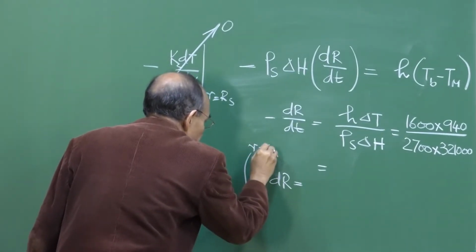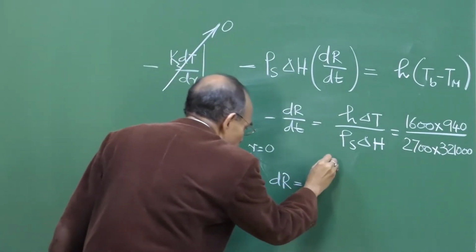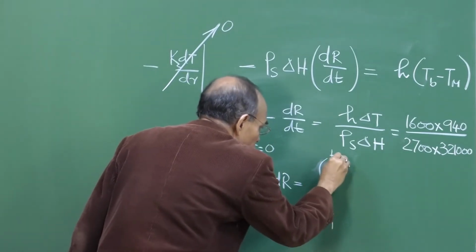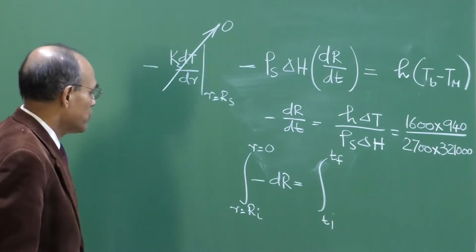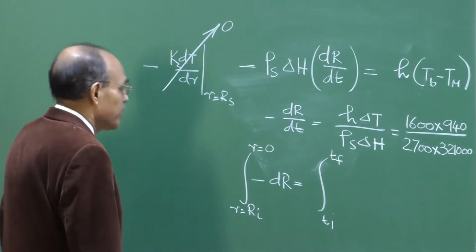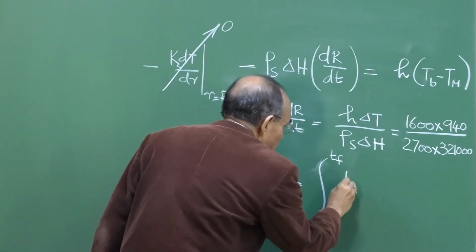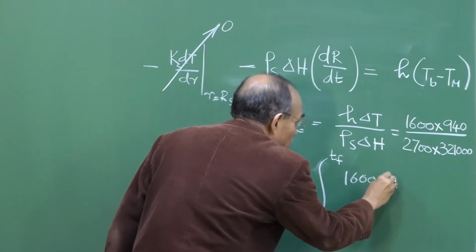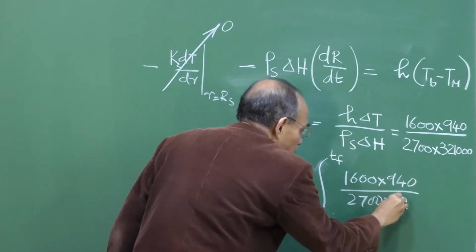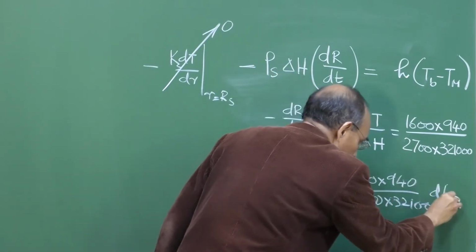R is equal to final R is 0, complete melting time, that is what we want, and this is T initial and T final. So, where this is initial, so final minus initial will give us the total duration of the time, T melting time, and that is going to be equal to 1600 multiplied by 940 divided by 2700 multiplied by 321000 times dt.